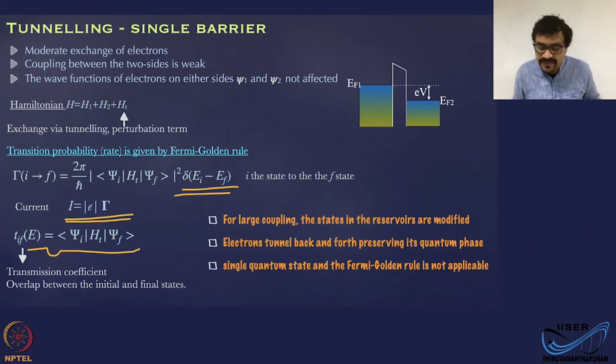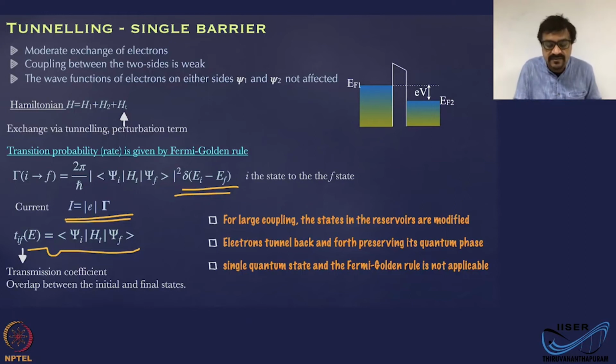Now, the premise on which we have applied Fermi's Golden Rule is that the tunnel coupling between the two sides is weak. For large coupling, if there is a lot of coupling between the two sides, the states themselves can get modified by interaction in the reservoirs. Then you can have a lot of tunneling back and forth because the states can overlap a lot. And there is also a chance that they form a single quantum state.